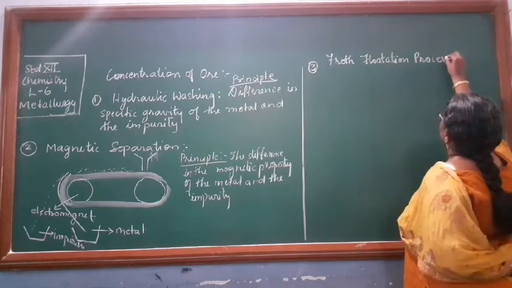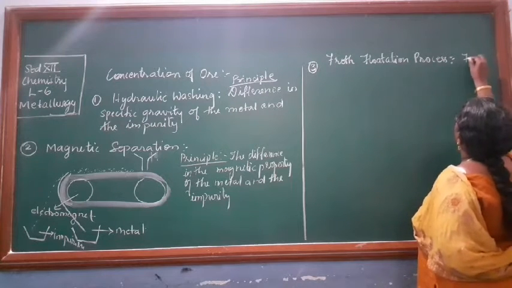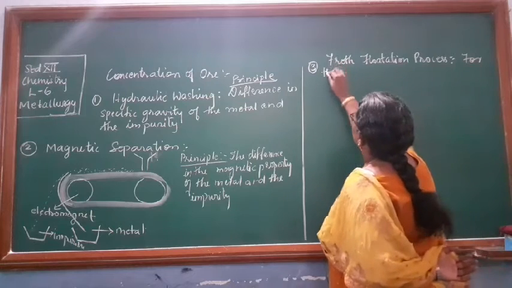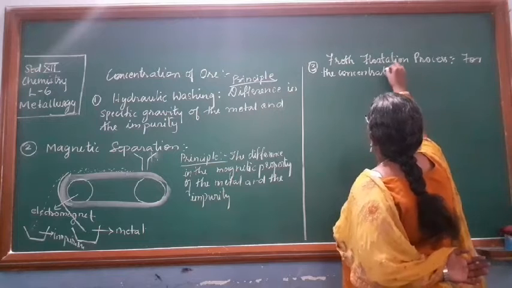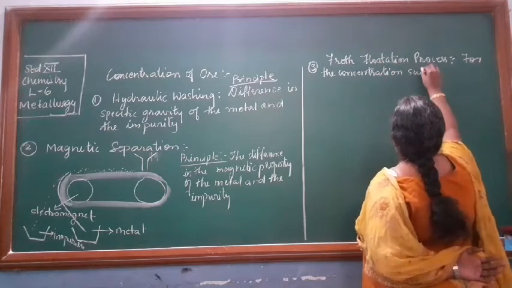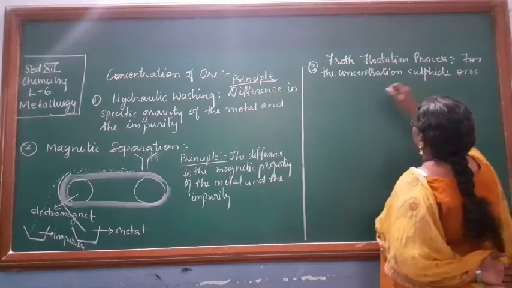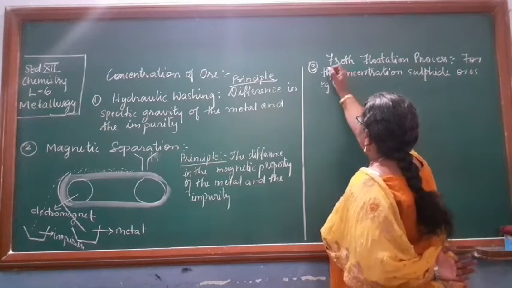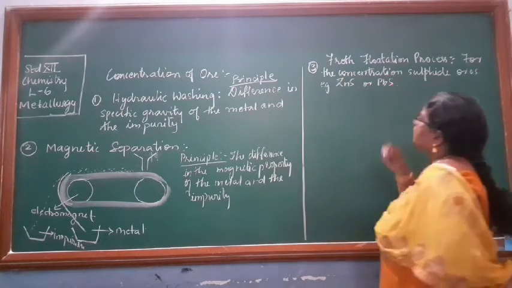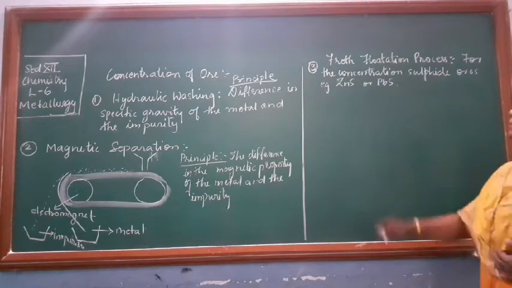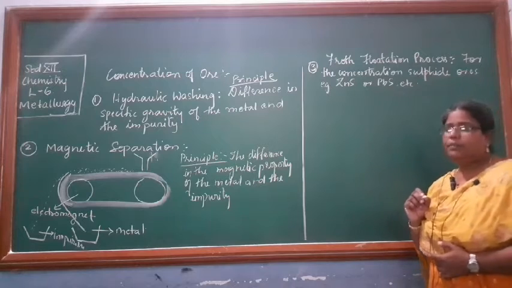Specifically, this process is used for the concentration of sulfide ores. For example, ZnS or maybe PbS, any sulfide ore you are concentrating by the froth flotation method.